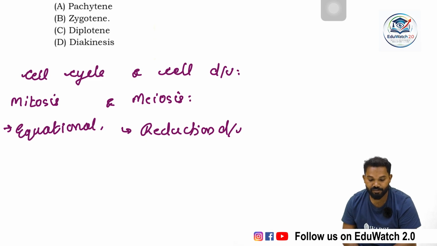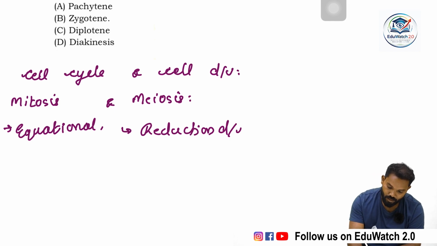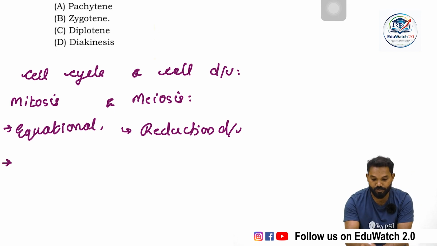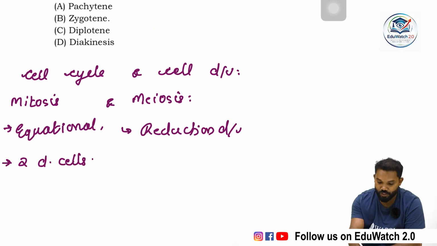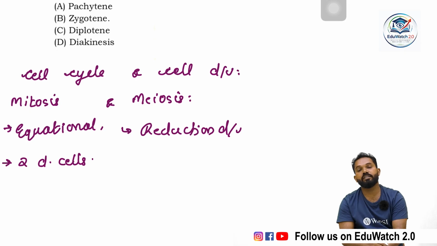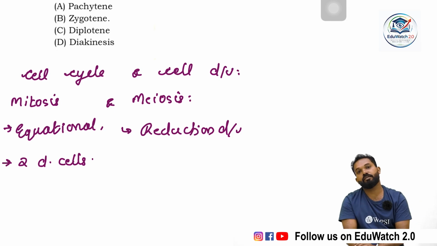Why is mitosis known as equational division? Because the end product of mitosis is two daughter cells, and these two daughter cells are quantitatively and qualitatively equal or similar. They are two equal halves of their mother cell.